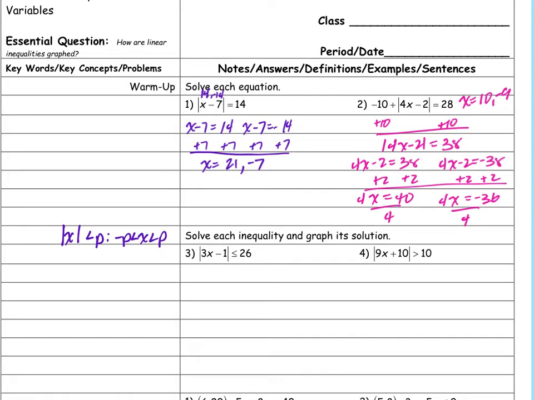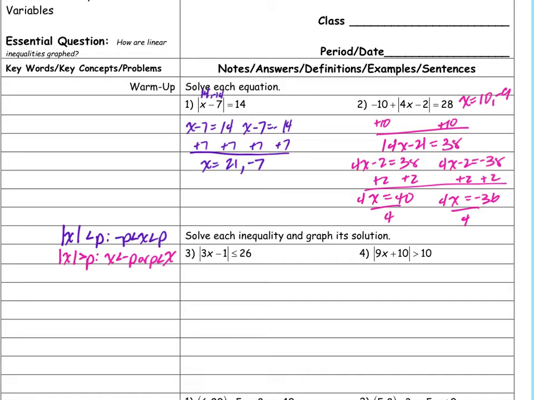And then the second rule says if I have the absolute value of x is greater than p, I'm going to solve x is less than negative p, or p is less than x.